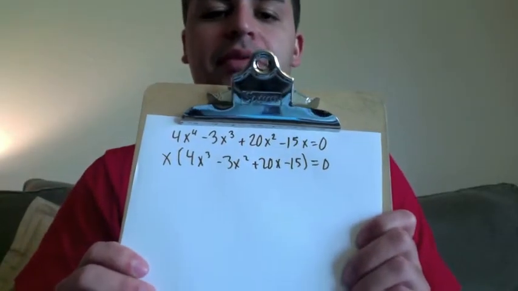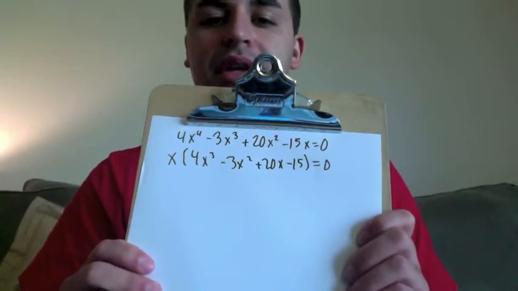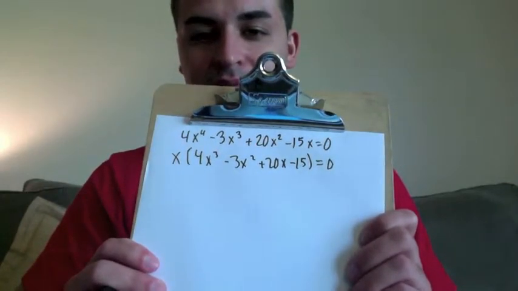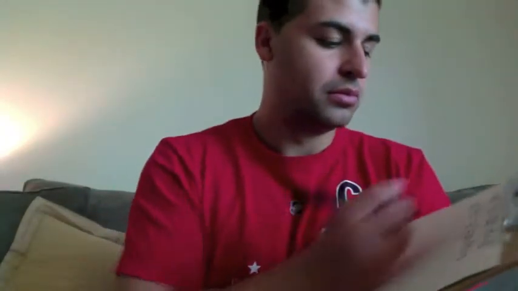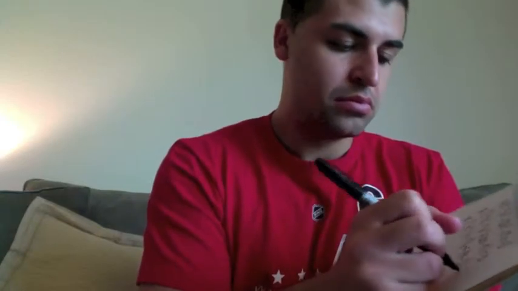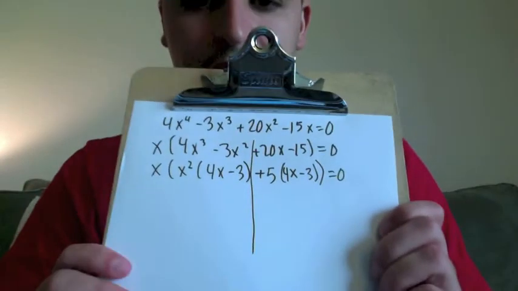Okay, so we have x times 4x cubed minus 3x squared plus 20x minus 15 equals 0. From here, we can just group. Alright, so I put this all in parentheses.